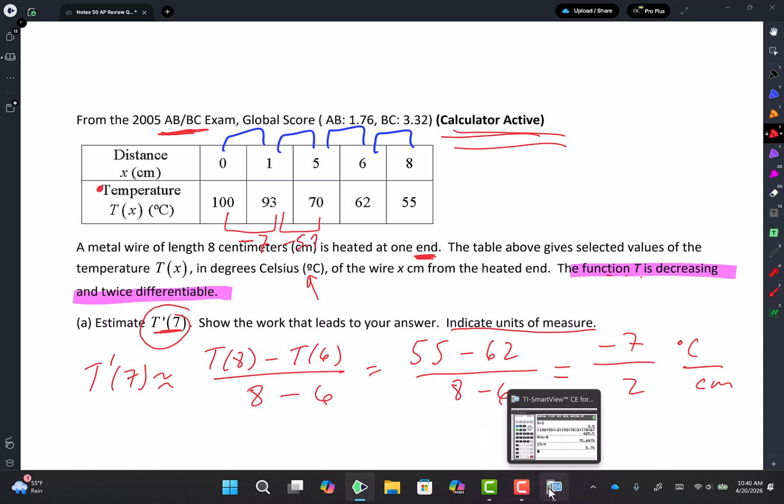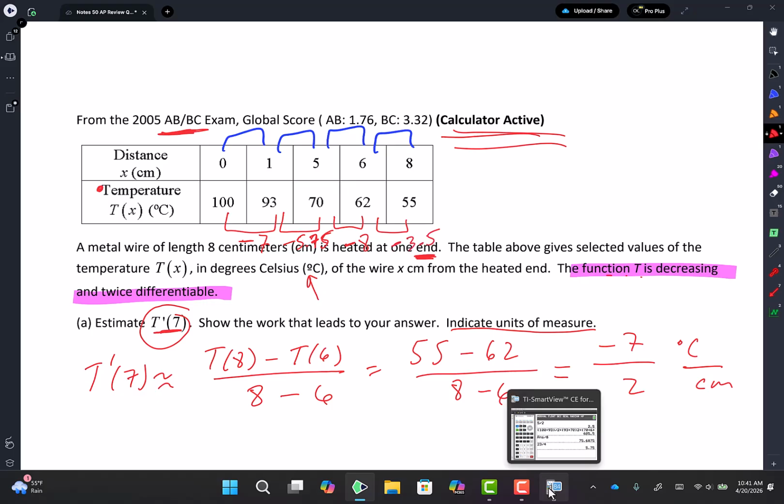That's negative 5.75. Can you guys see that number, by the way? And the difference between 70 and 62 is negative 8. And the difference between 62 and 55 is negative 7 divided by 2, so negative 3.5.